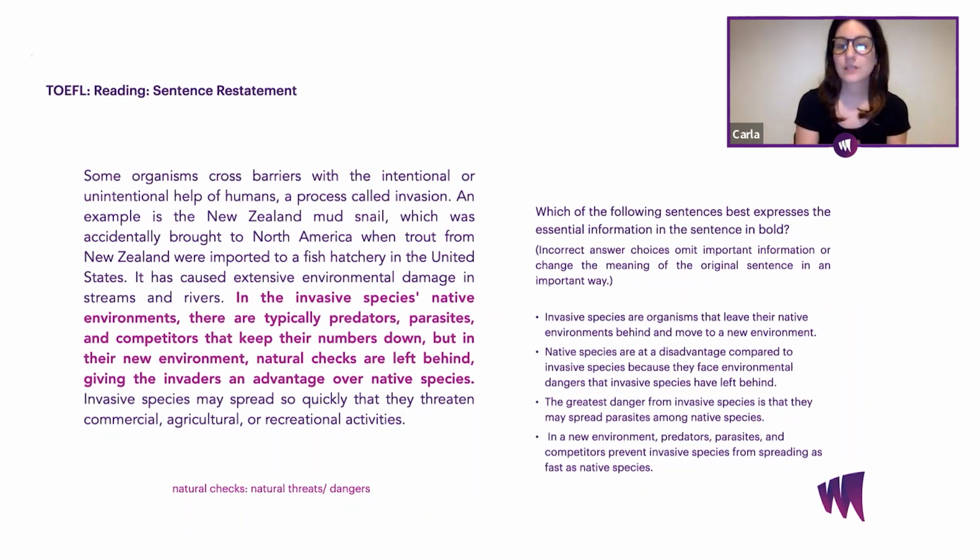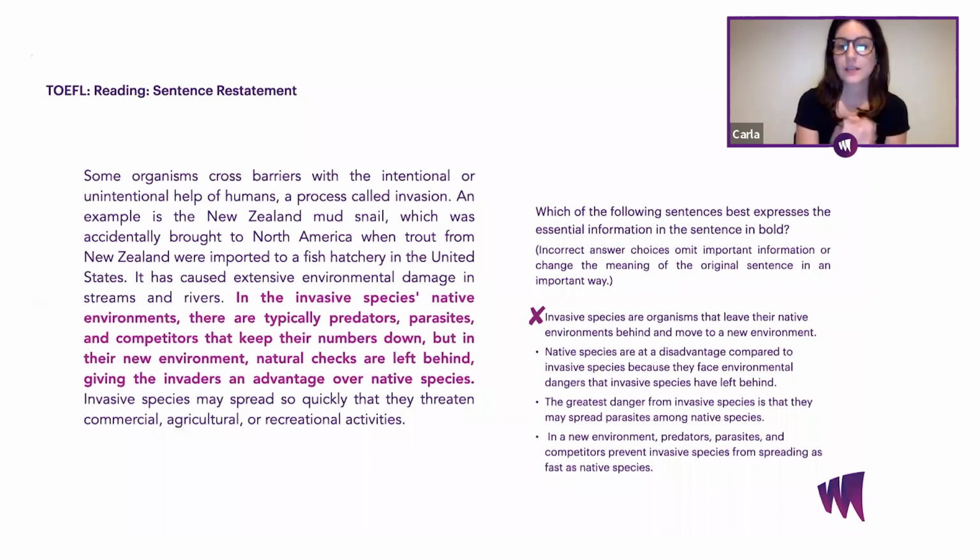So this is true and it's mentioned, but it is an incomplete restatement of the sentence because it only has part of the information. Nothing about the advantage, nothing about the natural checks being left behind in the new place, how that leads to an advantage. So we're going to go ahead and eliminate this first one because it's true, but it's incomplete.